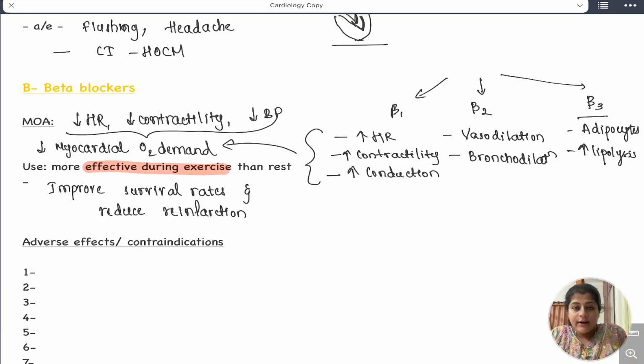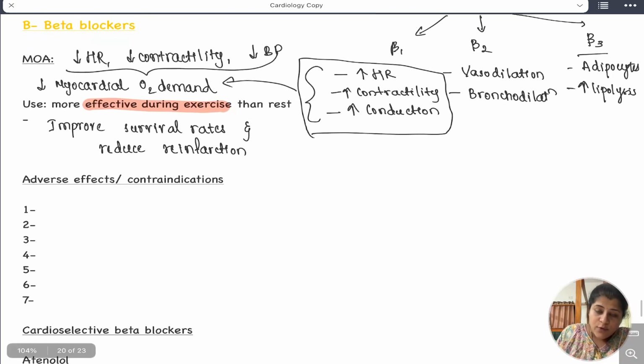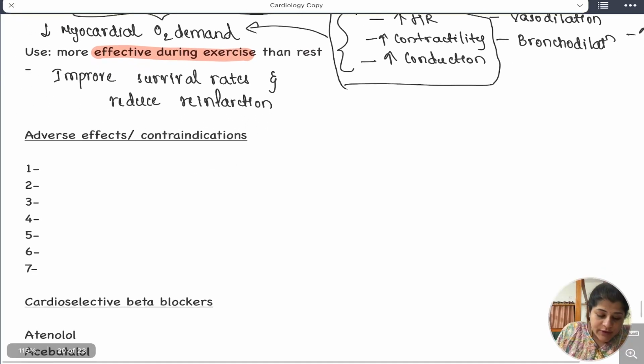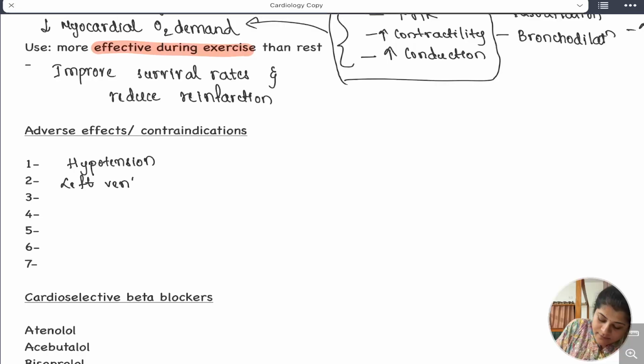Now what are the contraindications or adverse effects? Beta blockers reduce heart rate, contractility, and conduction, right? The first 4 to 5 side effects or contraindications are related to this. So you don't use beta blockers if the patient has hypotension, left ventricular failure, or low cardiac output.